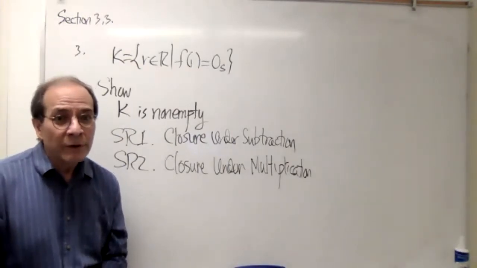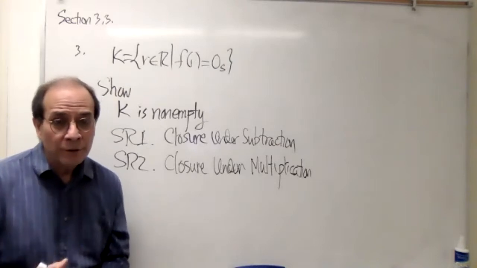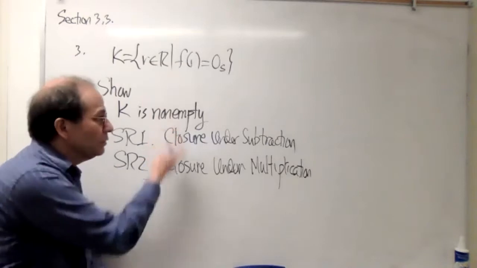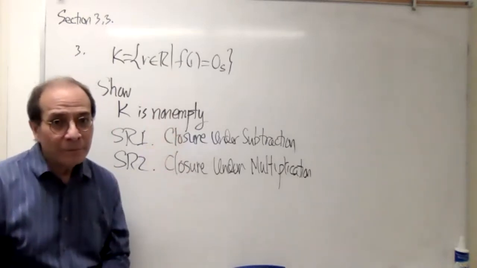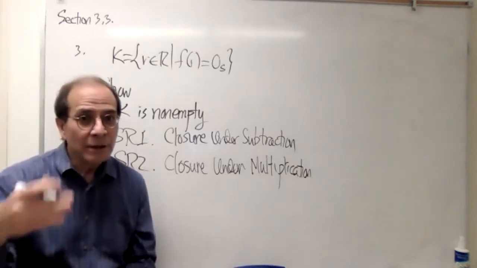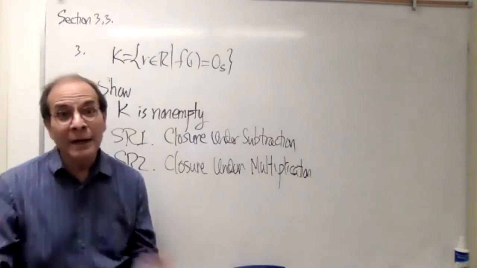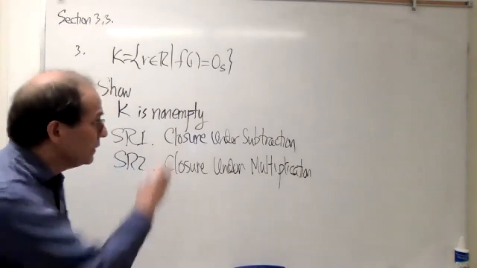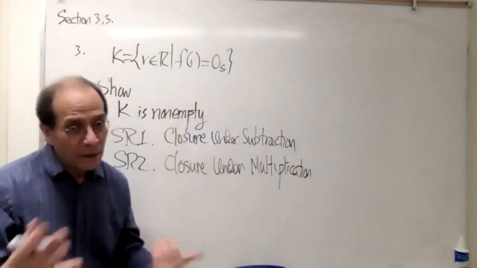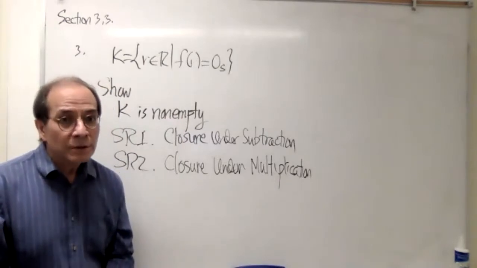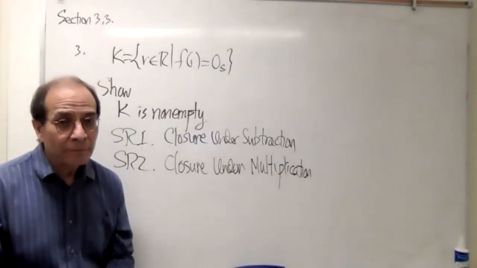And if you only verify closure under addition and closure under multiplication, that's not equivalent to showing these two properties here. Okay, you can actually have sets that are closed under addition and closed under multiplication that are not subrings. Okay, but if you have these two properties, according to the theorem in section 3.2, this is going to tell you that this is a subring, okay?